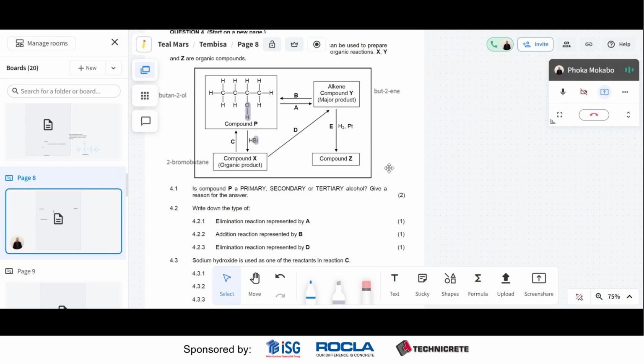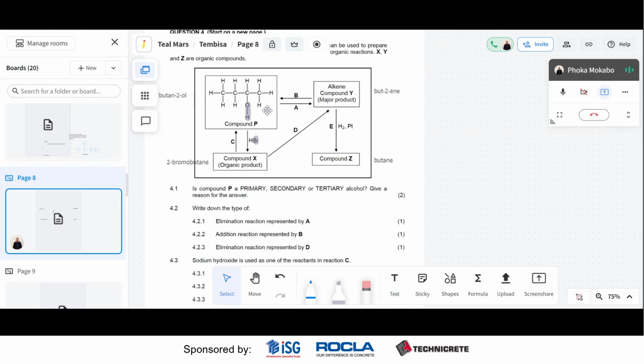So an addition reaction going from an alkene to a compound Z. We're going from an alkene to an alkane, and hydrogenation would be the name of it. And what we would end up with is butane. Hydrogenation because we are adding hydrogen, it's in the word hydrogenation. So hydrogenation to go from butene to butane, and that would be E over there.